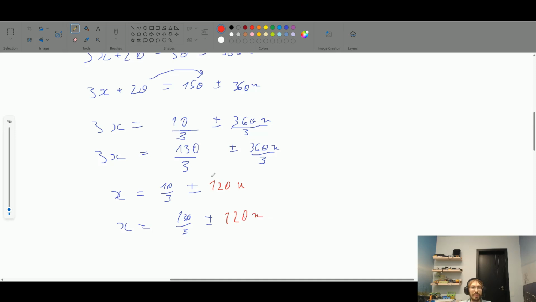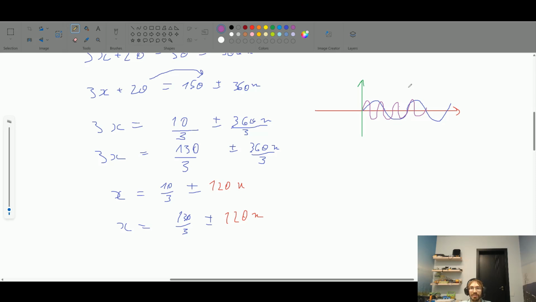Please do not forget to divide this period, because when the argument of the function is multiplied by a number bigger than 1, the function tends to be squeezed, and it repeats its roots more often. For example, if this is normal sine, the compressed sine, or sine of 2x or 3x, will go up and down much more often, like the frequency will increase.